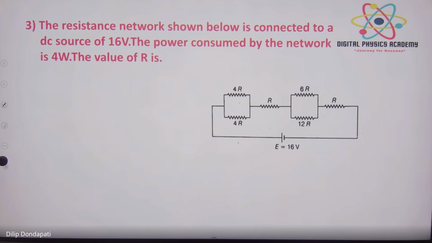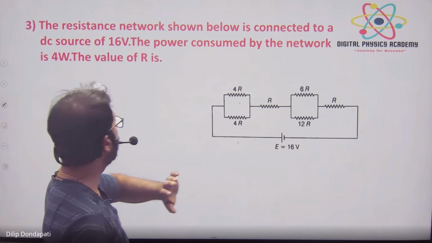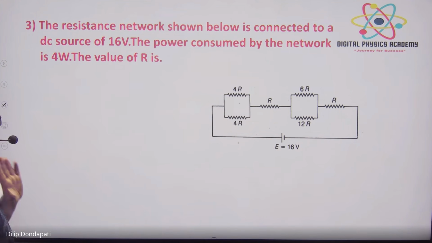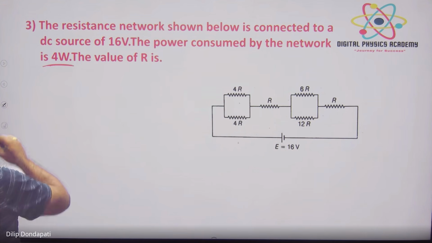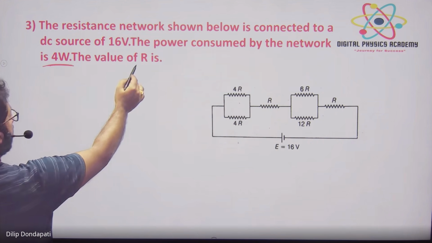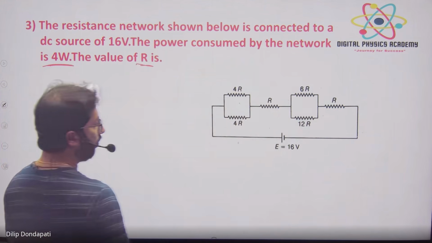The resistance network shown below is connected to a DC source of 16 volts. Okay. The total power consumed by the network is 4 watts. Find the resistance R. R is how much?